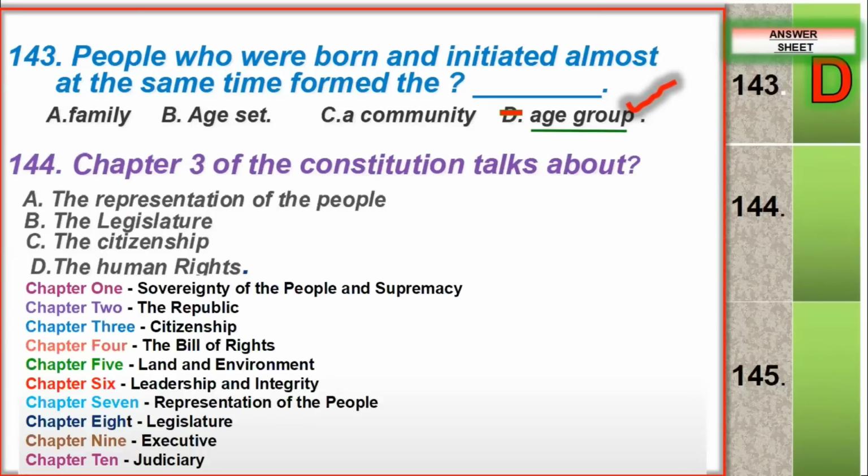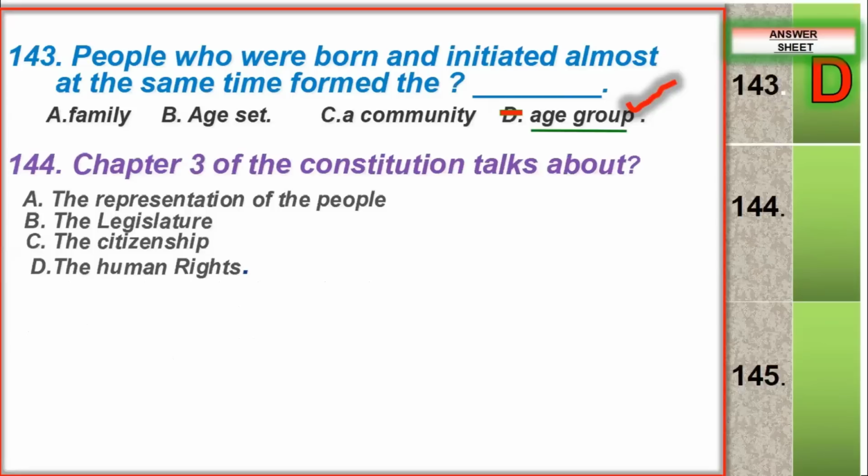Chapter 1 is sovereignty of the people and supremacy of the Constitution, then the republic, citizenship, the Bill of Rights, land and environment, leadership and integrity, representation of the people, then legislature, executive, and judiciary. The answer here should be citizenship. Chapter 3 is citizenship.